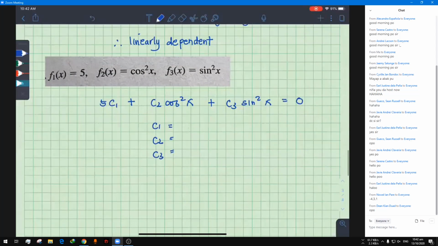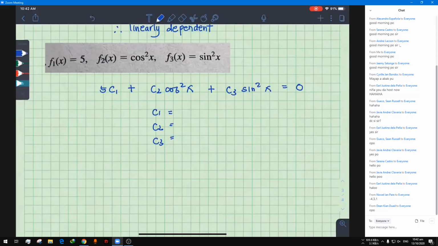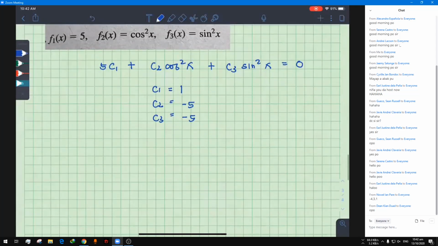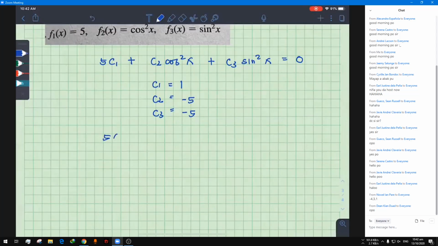I'll give you an example. C1 is positive 1, C2 is negative 5, C3 is negative 5. So let's substitute. 5 times 1 minus 5 cosine squared x minus 5 sine squared x is equal to 0.